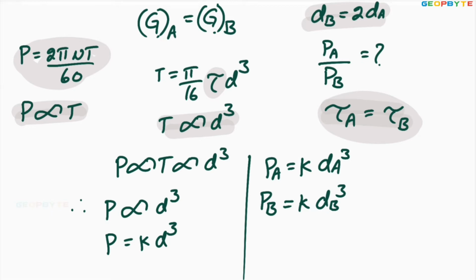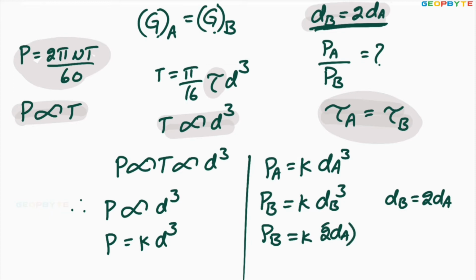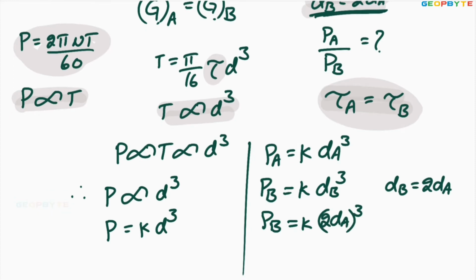But what is the relation between dB and dA? dB equal to twice the dA. Therefore, the power transmitted by B equal to K into 2 times dA whole cube.